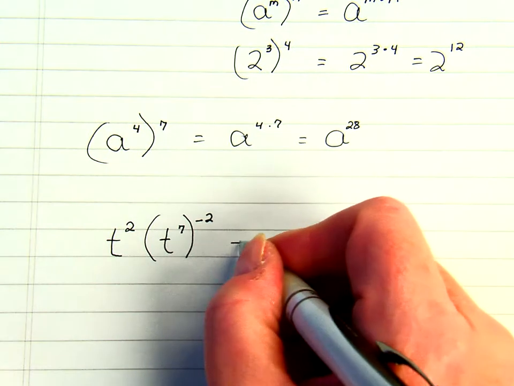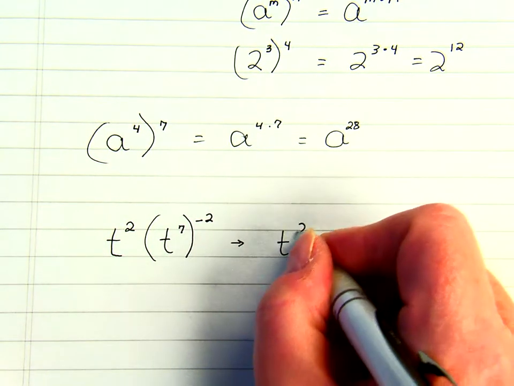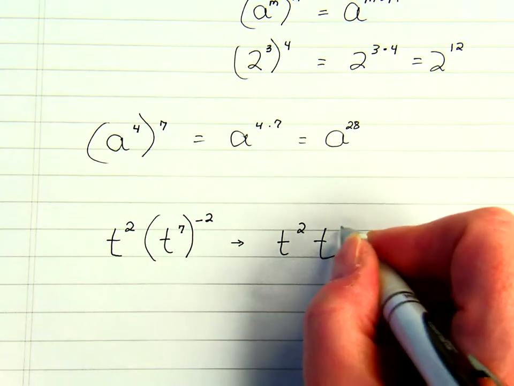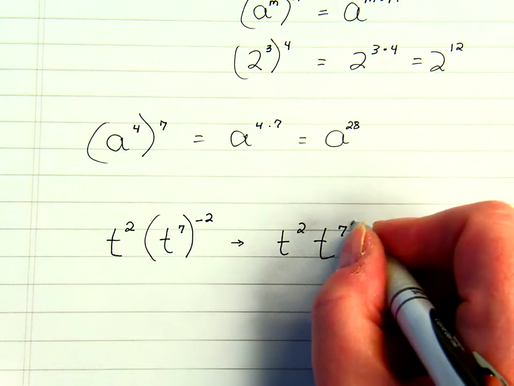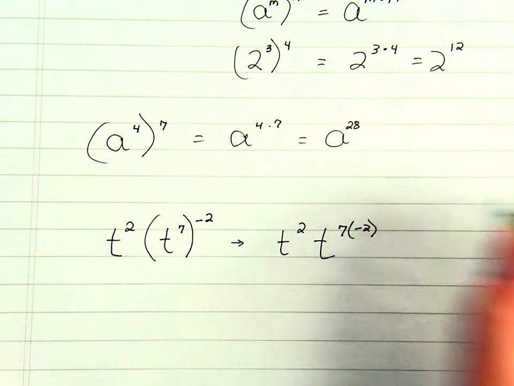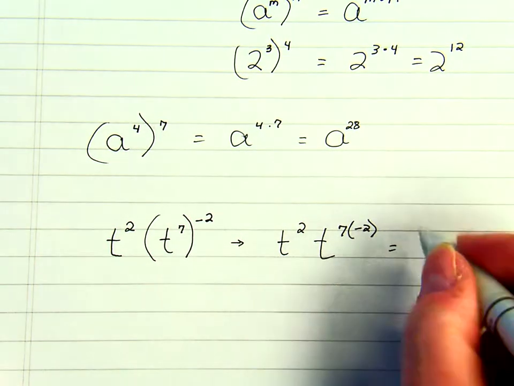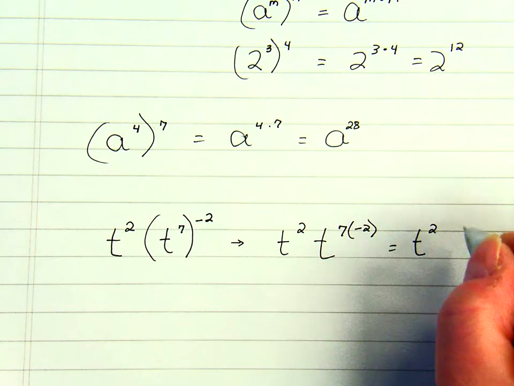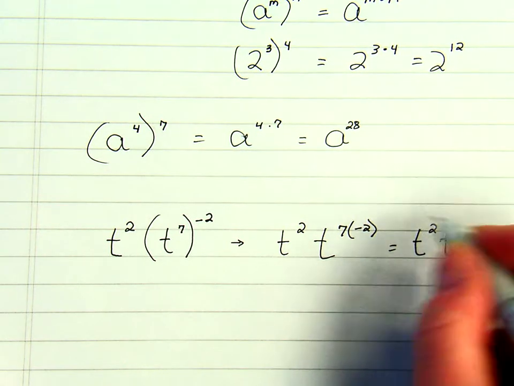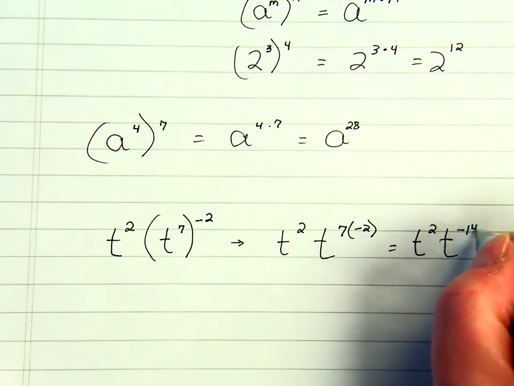So this becomes t squared times t to the 7 times negative 2, which is equal to t squared times t to the negative 14.